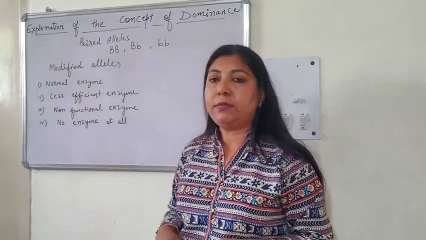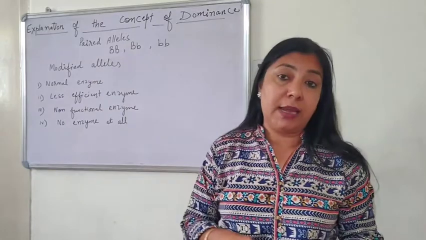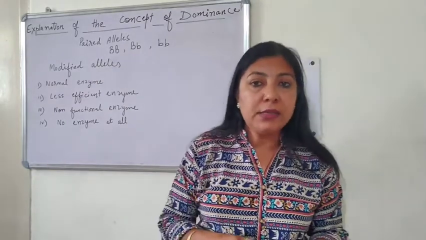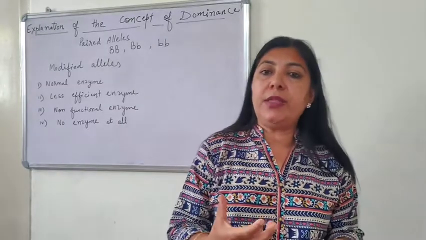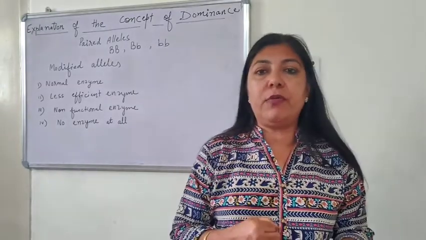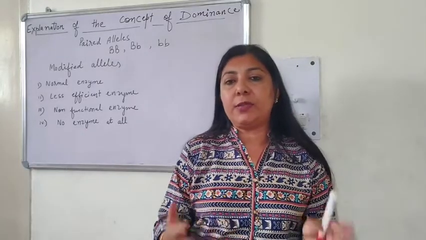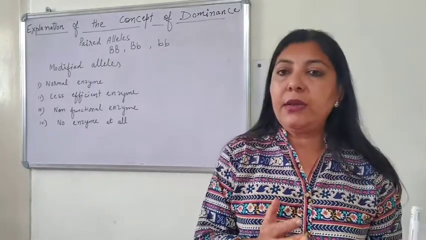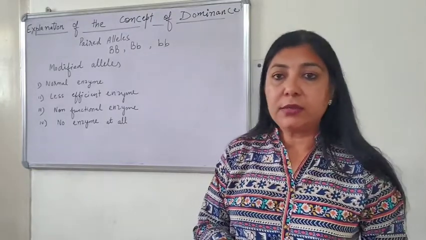But sometimes there can be the production of a less efficient enzyme. In that case, the expression will be intermediate. Some work will be there, some phenotypic expression will be there, but it will not be complete. And the phenotypic expression will be called intermediate, as in case of incomplete dominance.